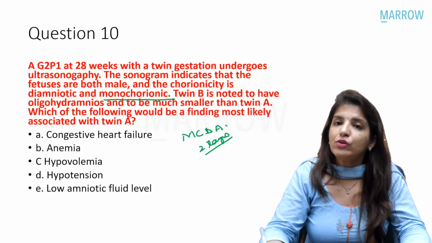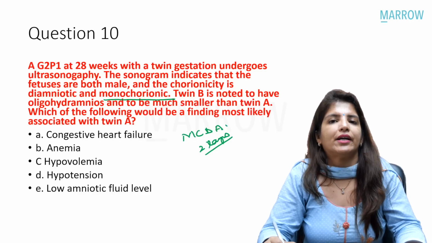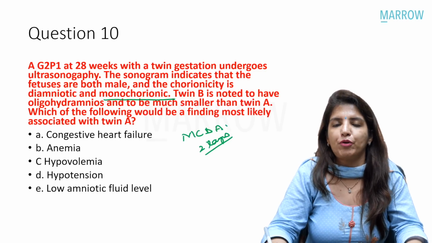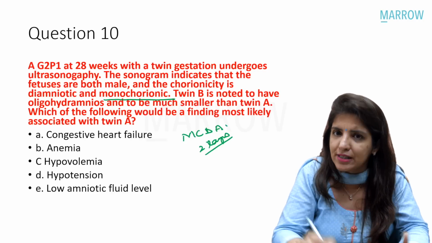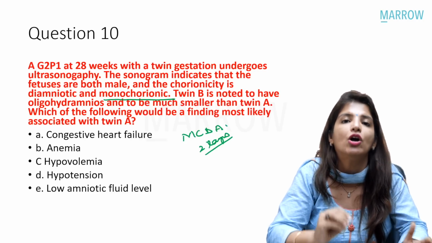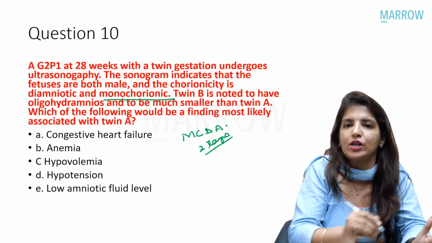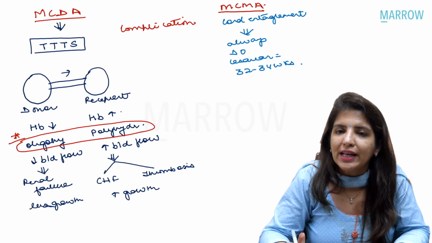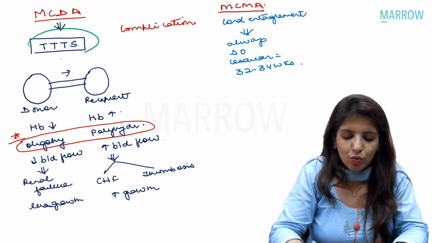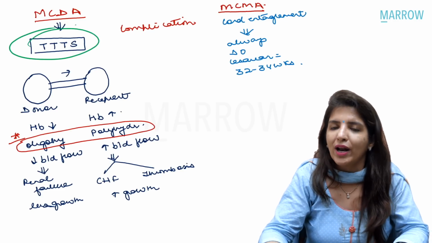Okay. Now, I was telling you in the previous question that in monochorionic twins, the prognosis is bad. In dichorionic twins, the prognosis is good because there are certain complications which are seen in monochorionic twins which are not seen in dichorionic twins, right? So, in case of monochorionic diamniotic twins, you see twin-to-twin transfusion syndrome. What happens in this case?